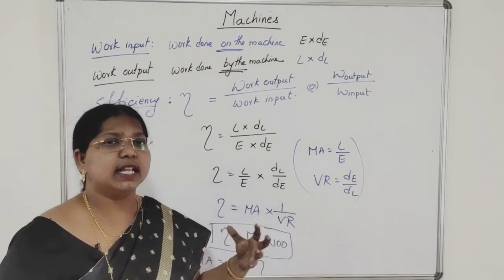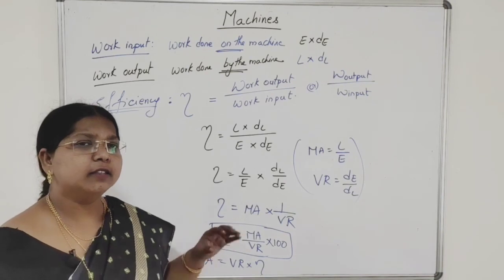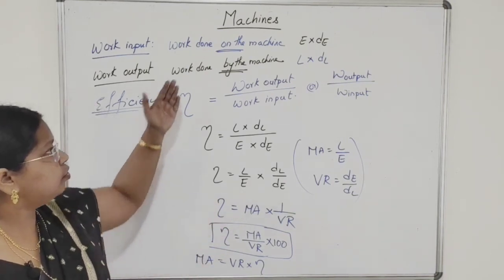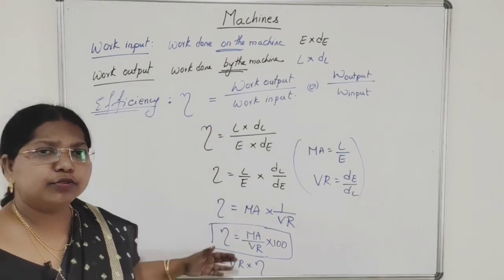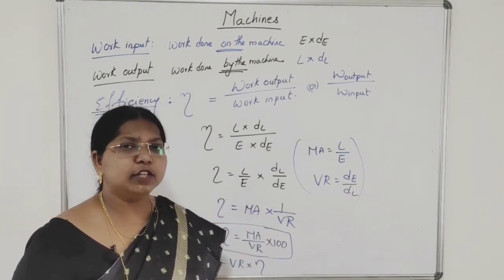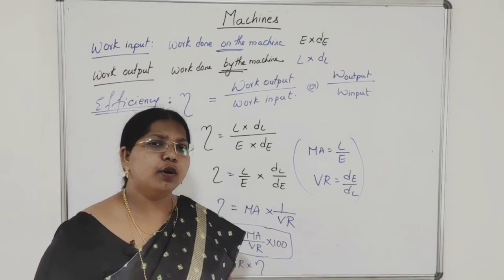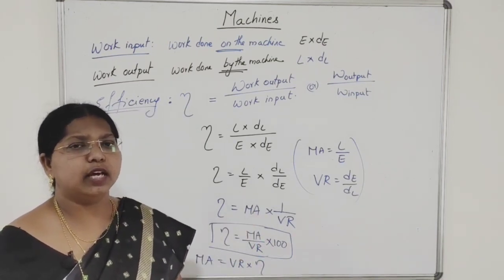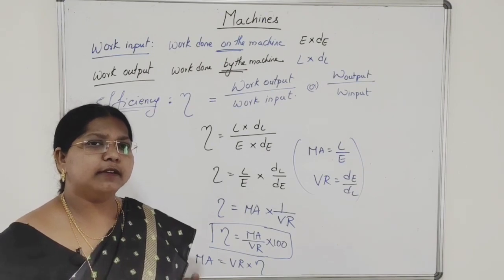All these questions will be asked from the theory part of this third chapter, Machines. Using all these formulas, we can do the numericals. We'll see the numericals in another video. So this is the introduction and the topics related to the syllabus of chapter 3, Machines.